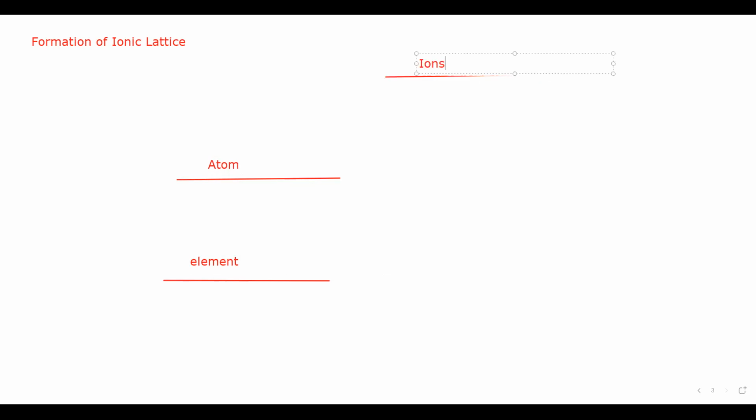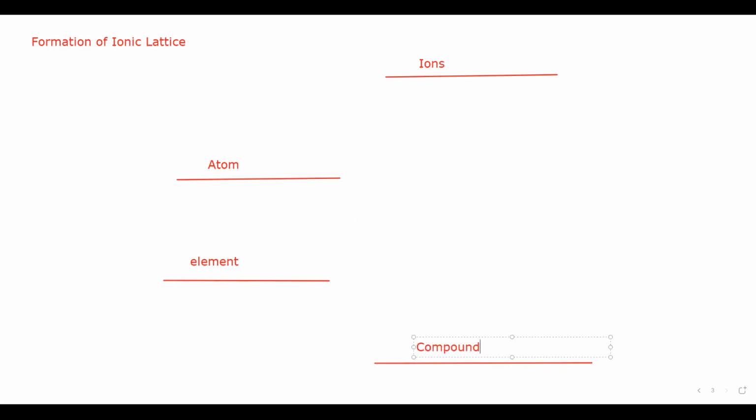Like we are taking a general description, we might have an element, and the element first turns into an atom, then atoms turn into ions, and ions will form a compound.